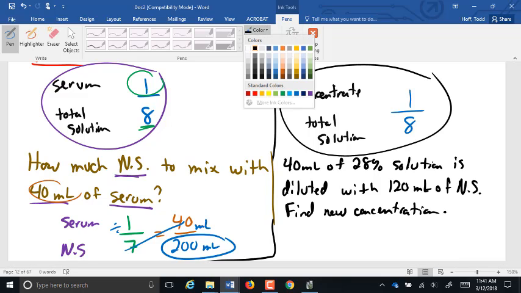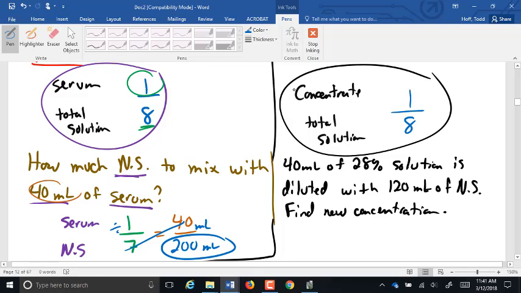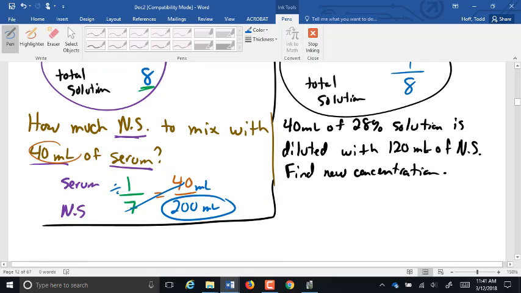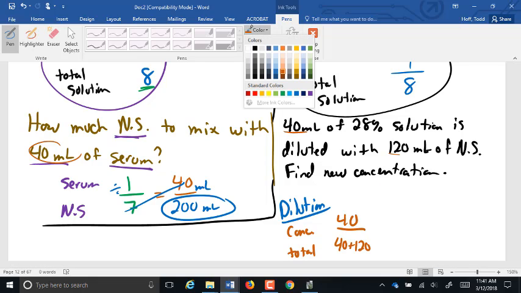Well, there's a couple of ways we could go about doing this. We could either find what the dilution was. That dilution would be the concentrate over the total solution. We had 40 milliliters of concentrate over 40 plus 120 total solution.